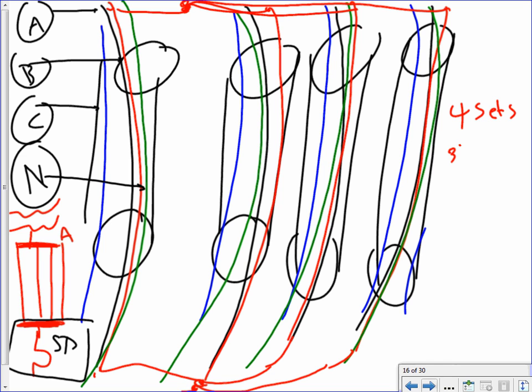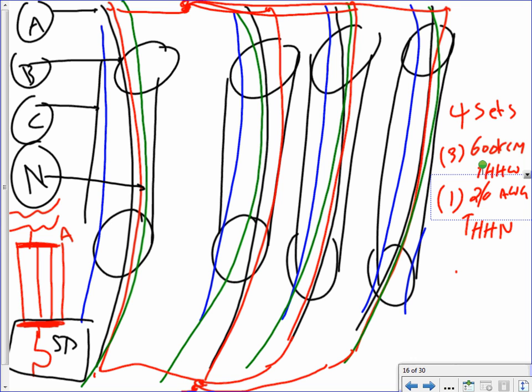I have 3 conductors of 600 kcmil THHW and 1 conductor 2 AWG THHN. So, see those 4 conduits, how it looks? Each conduit has 3 phases and a neutral in it.